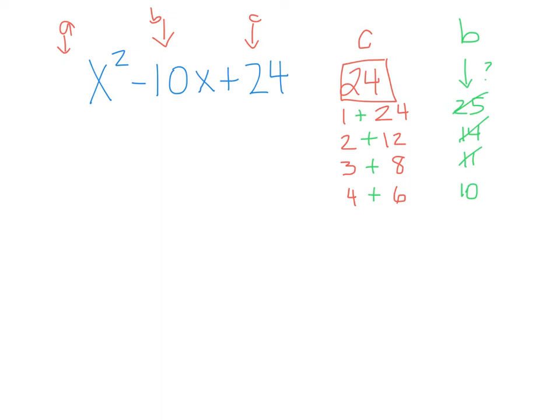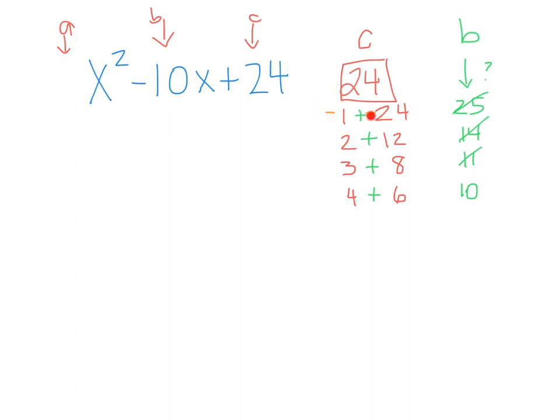Well, if you think about it for a second, there's another set of factors that when multiplied give you positive 24. Can you think of what that might be? Well, the set of factors is a negative and a negative. If we go back up to the top here, and we put in a negative with the 1 and a negative with the 24, okay, right here, what's negative 1 times negative 24?